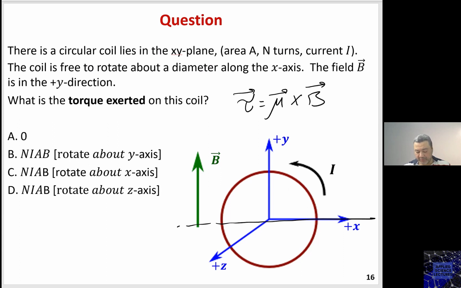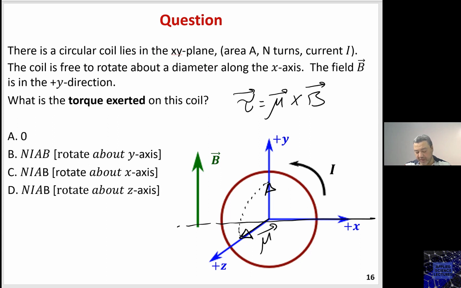And we know from the previous question that the magnetic dipole moment is along the z-axis. So in this case, the angle between the magnetic dipole moment and the magnetic field is 90 degrees.